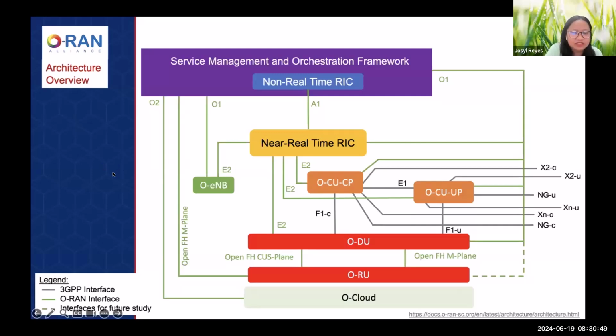Or you can design it in PowerPoint. You can also search this online. This is the same architecture that you can find from the O-RAN Alliance. I think the color scheme is similar so that we can easily compare it to the O-RAN architecture design.